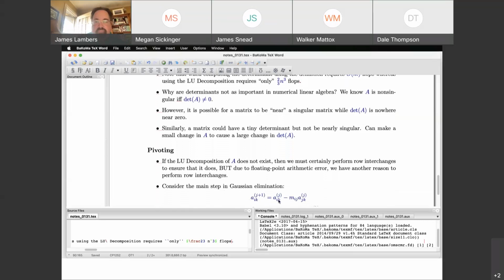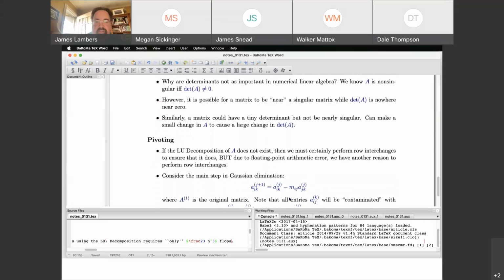What I'm showing you here is the main step of Gaussian elimination. This is how we carry out a row operation. We have row i equal to itself minus some multiplier times row j. But in contrast to before, I've added these superscripts.